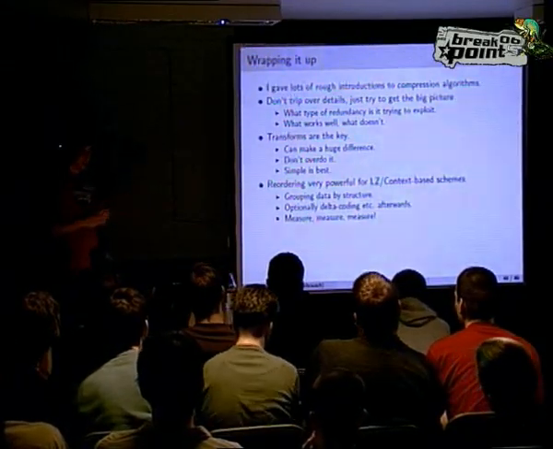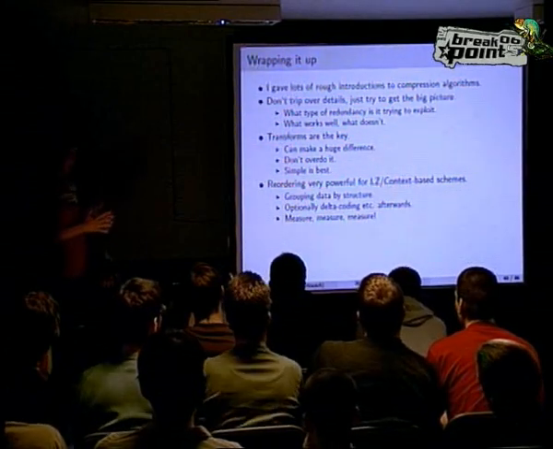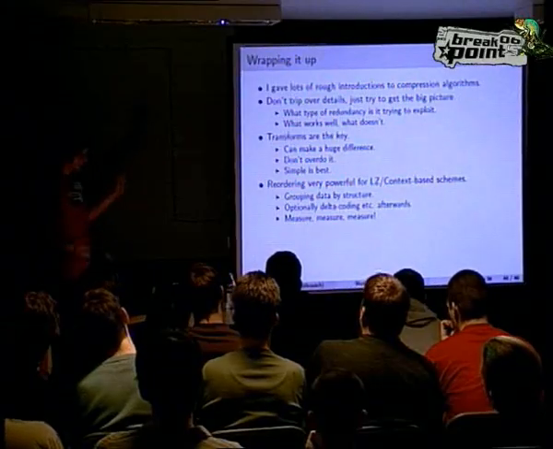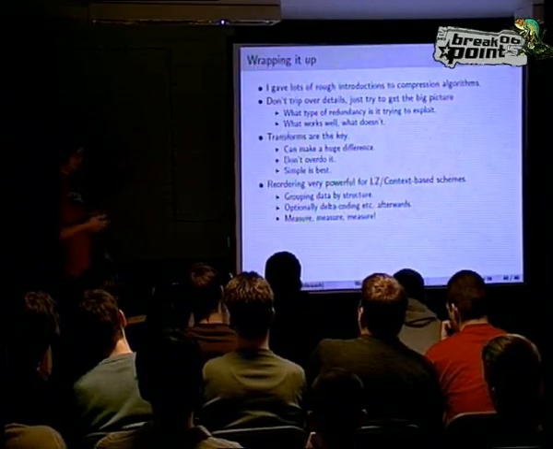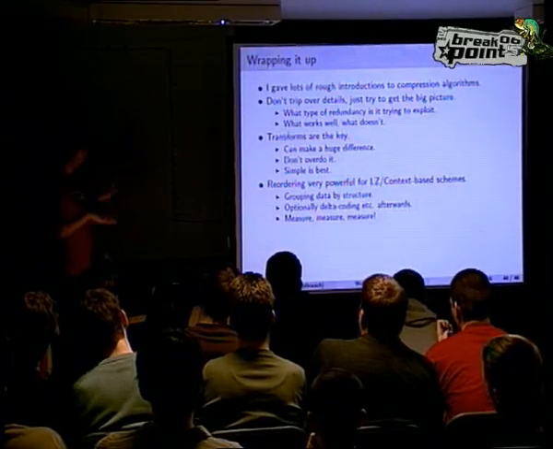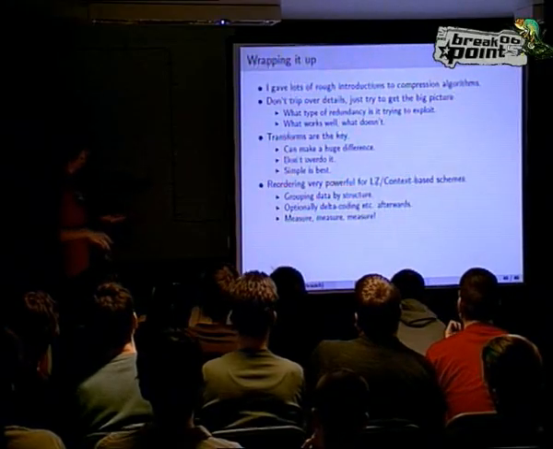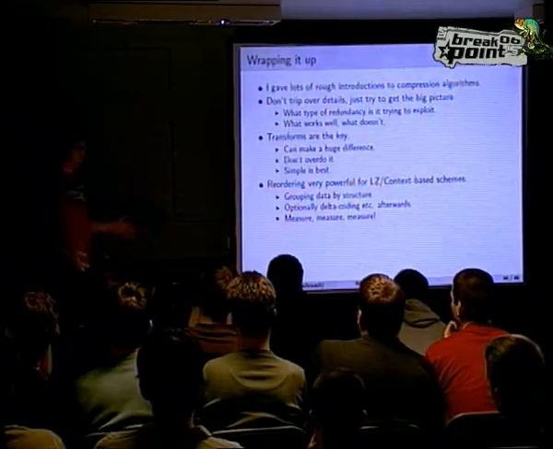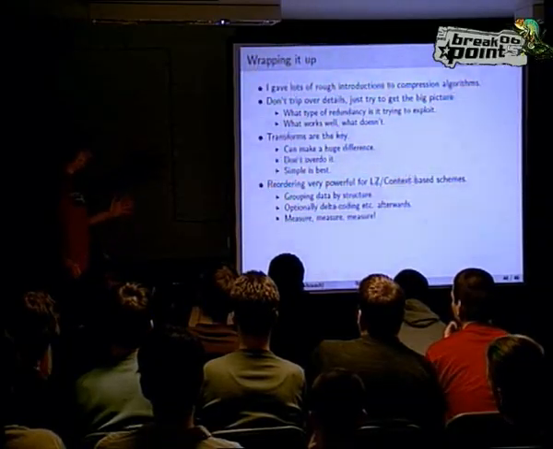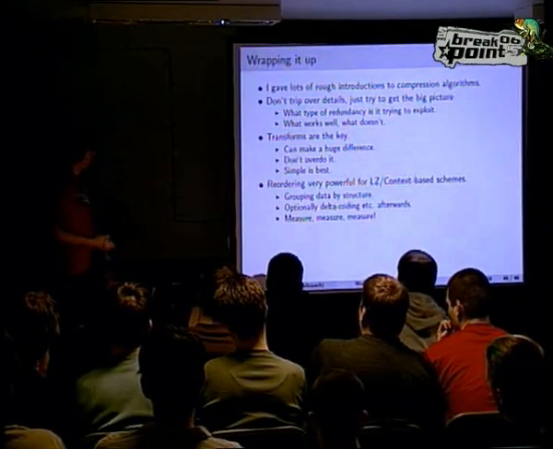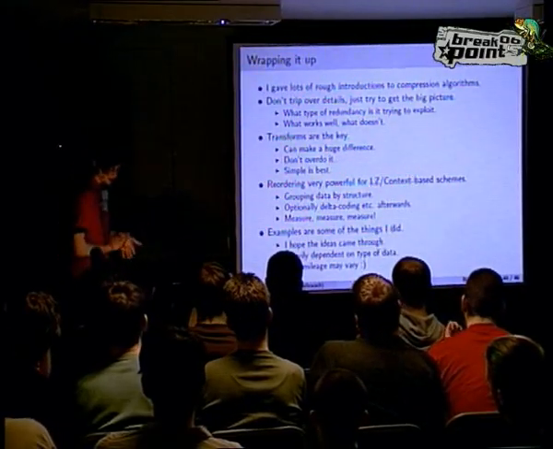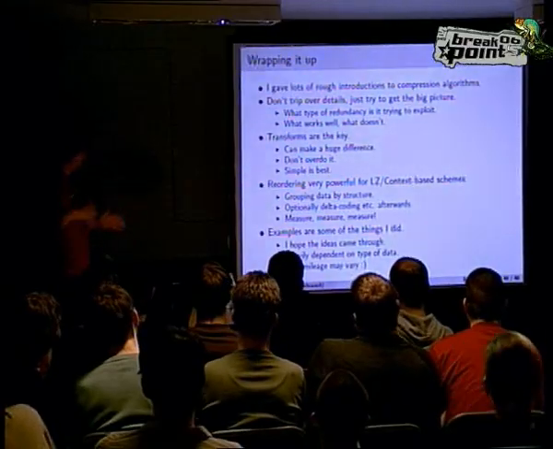Reordering in LZ and context-based schemes is very powerful and again usually simple to do. And the key to that is grouping data by structure and optionally doing some very simple scheme like delta coding afterwards. And for all you do, you really have to measure if it gives you a gain or if it's just a waste of code size. You want to be sure that everything you do is actually worth it. And finally, these were examples of some of the things I did.